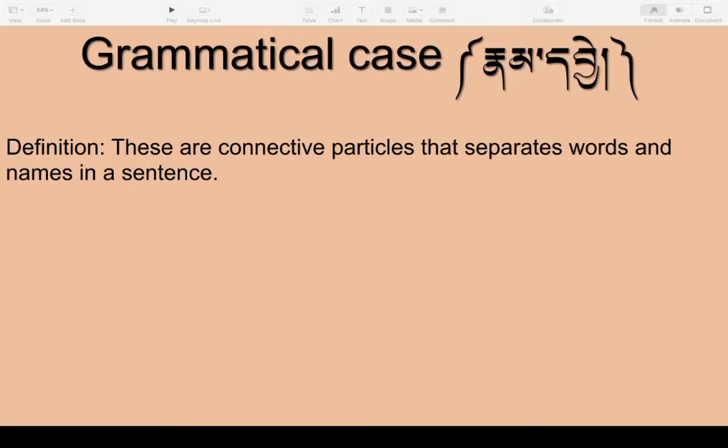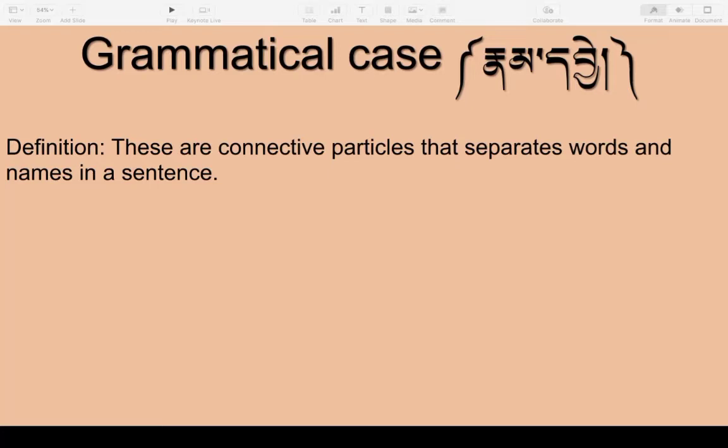So the three things that should be in a Tibetan sentence are a name, a word, and a connective particle.